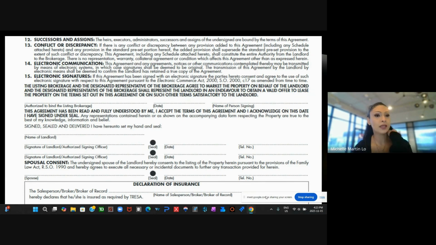So this means that if, God forbid, something happens to the seller, whoever is their trustee, power of attorney, whatever may be the case in this scenario, whoever is going to be taking over also needs to understand that this is a binding agreement. And anything that has happened or transpired prior, they would still have to continue with. So there are no changes being made to the terms.